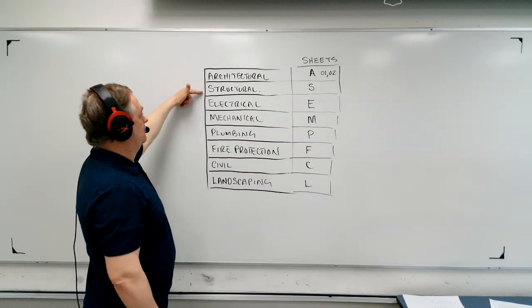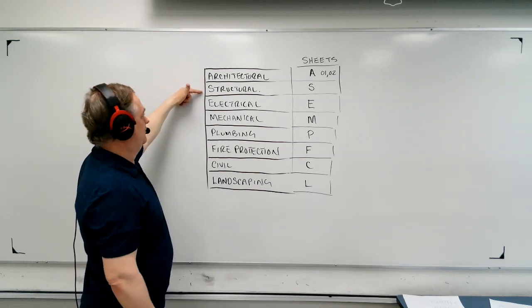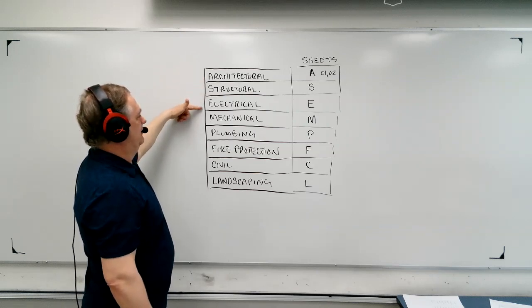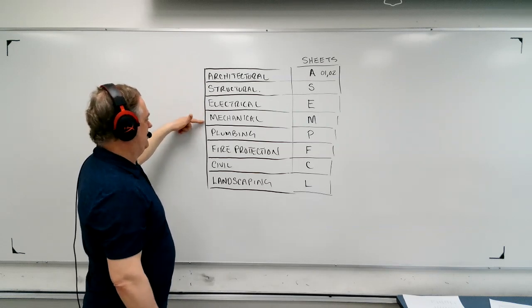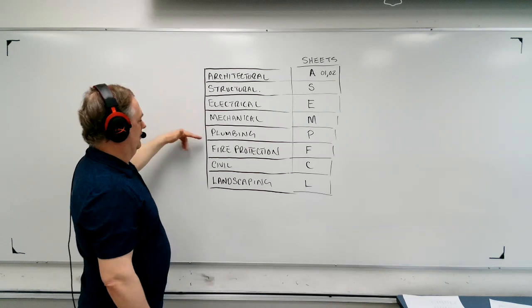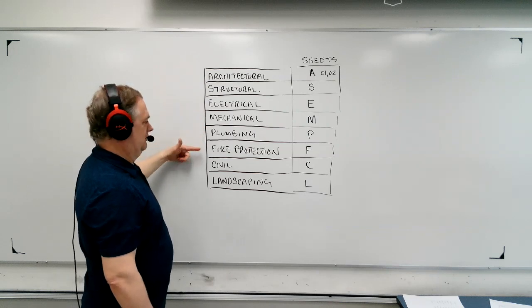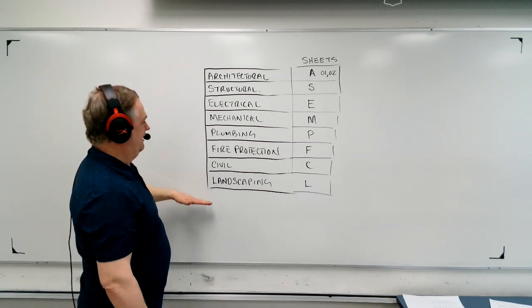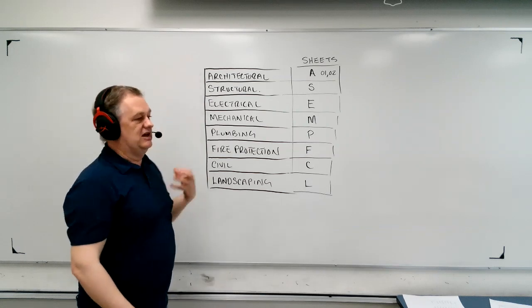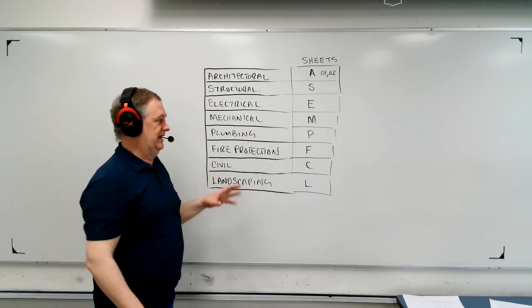Structural will be engineers, structural engineers. Electrical engineers are involved in that. Mechanical engineers here. Plumbing engineers, then we have fire protection people, and so on. Professionals in each one of these areas are going to put those plans together.